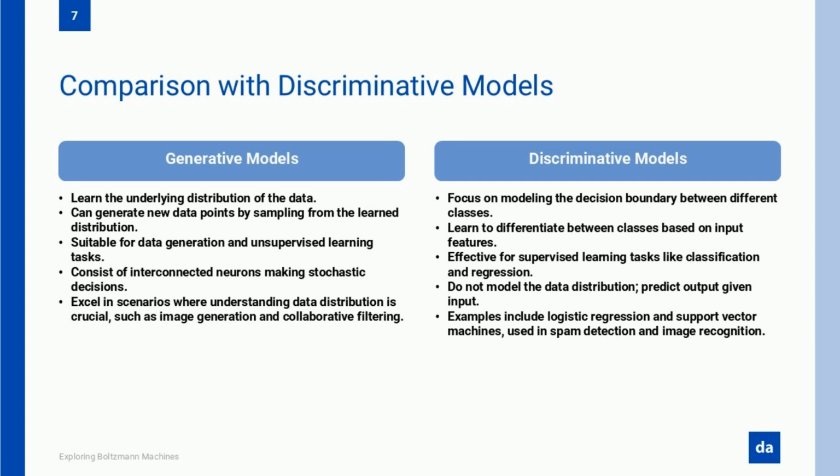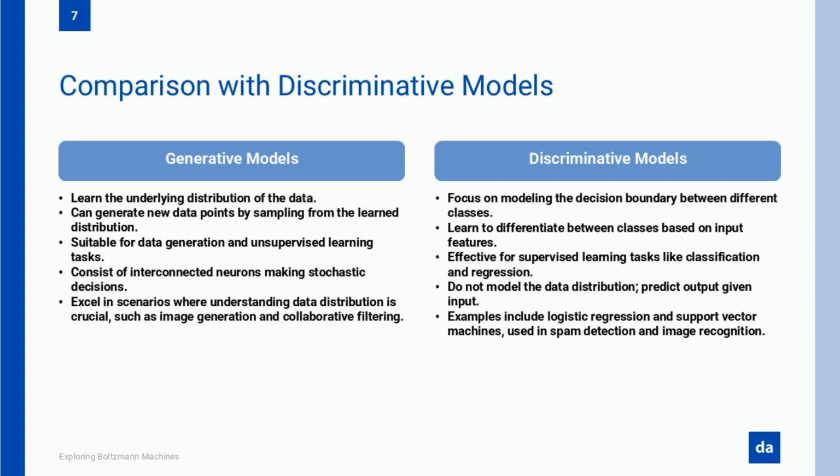A generative model, on the other hand, is more like a novelist. It doesn't just classify things. It learns the underlying structure and can generate completely new instances that fit within the data distribution. So, how does this apply to Boltzmann machines? They fall into the generative model category, meaning they don't just learn to separate categories, but they learn the entire probability distribution of the data.